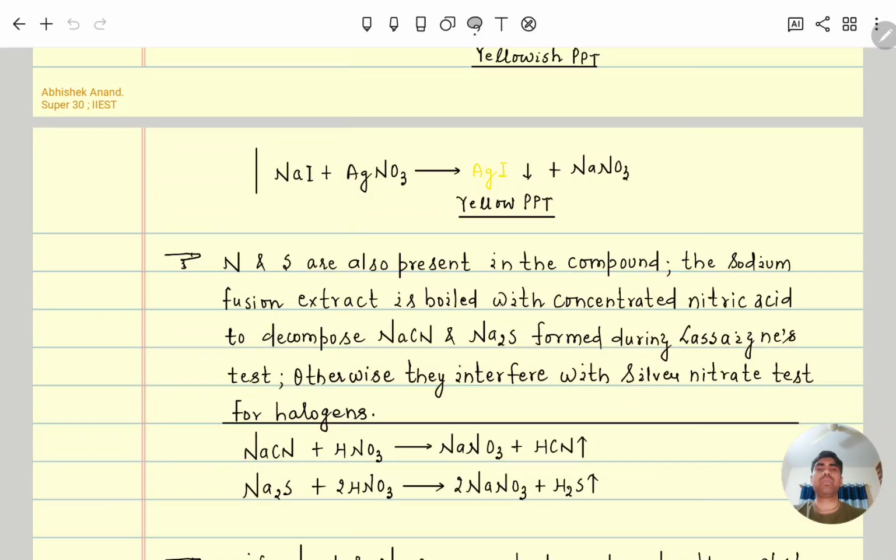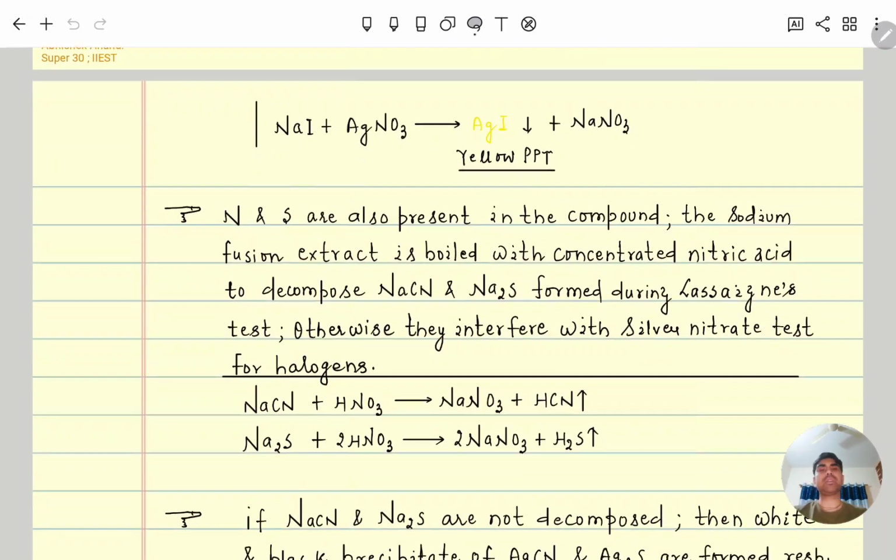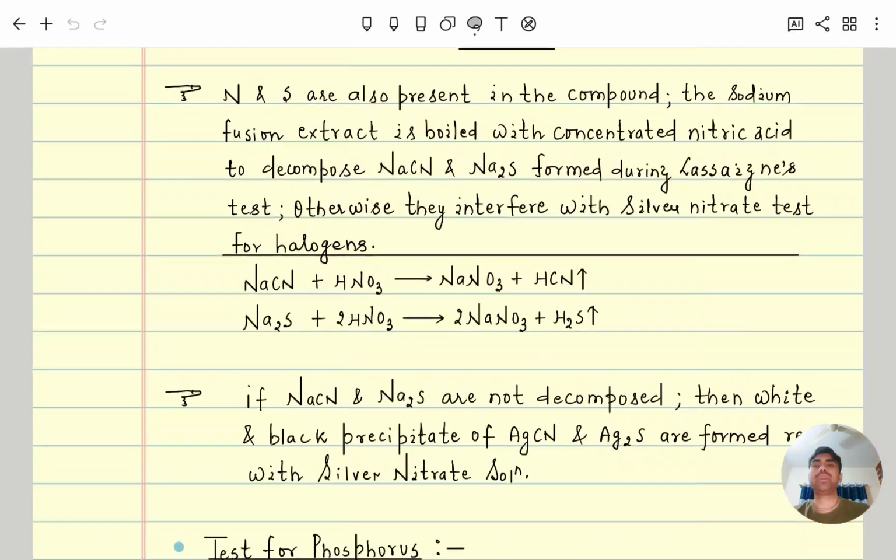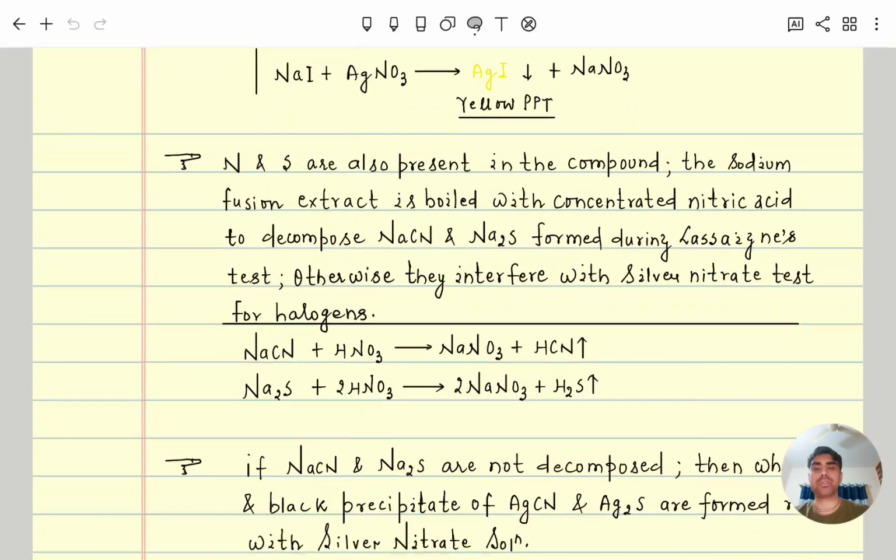So we boil with concentrated nitric acid. NaCN and Na2S react with nitric acid, an oxidizing agent, and form NaNO3, and HCN gas evolves out. Similarly Na2S reacting with HNO3 forms NaNO3 again, and H2S gas is evolved. Like that we can remove nitrogen and sulfur while doing detection of halogens.